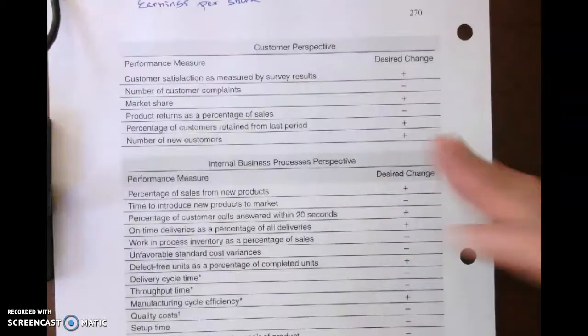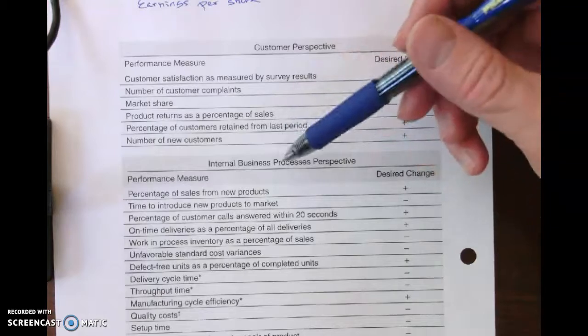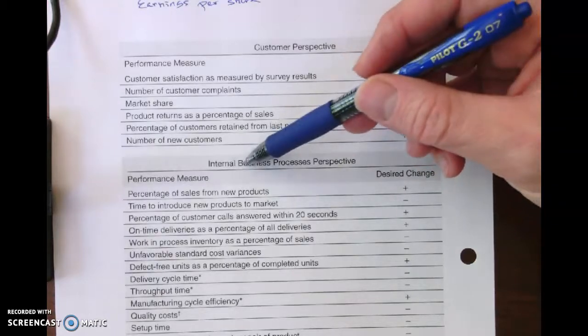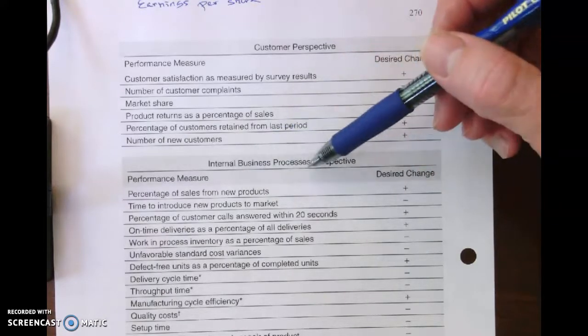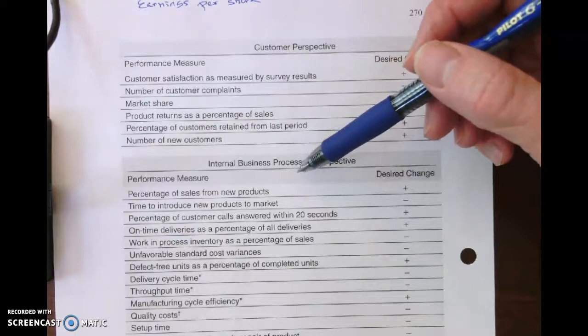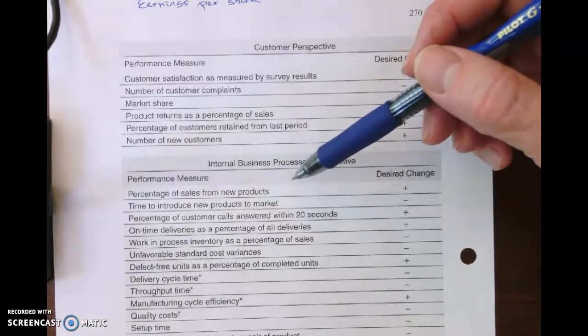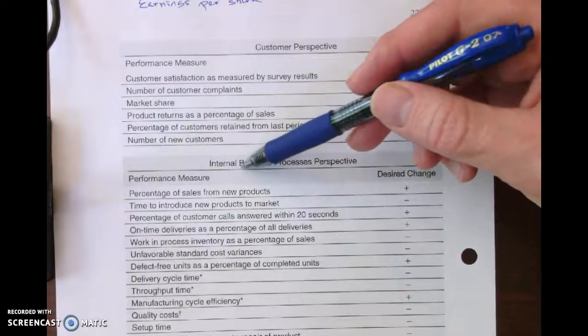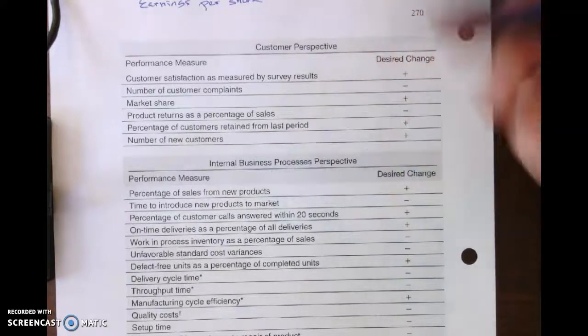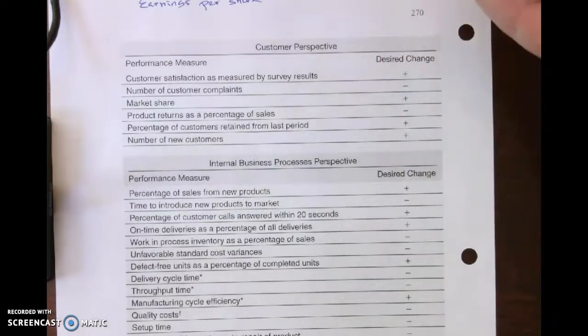The third perspective in the balanced scorecard is called the internal business process perspective. As I was giving the example earlier about advising with Mary Washington, how well can we do advising? That is a measure of how efficient our processes are inside the university.